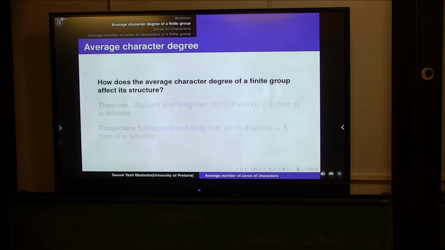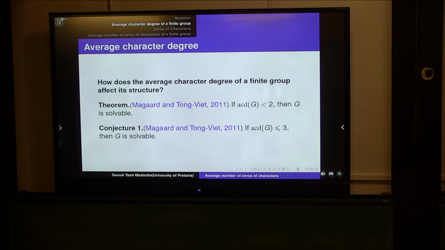So the question is, can we say something about a group if we know something about its average character degree? The first result in this direction was from Magaard and Tong-Viet, which says that if the average character degree is less than 2, then the group is solvable. They used the classification of finite simple groups to show this, and they conjectured that the bound should actually be 3.